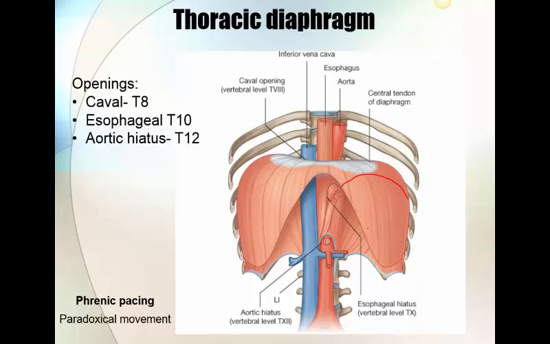So when it descends, it pushes the abdominal contents down below, which further push this one. This is not functioning, so they push this one, so this goes up. So during inspiration, when it should actually descend, the paralyzed side ascends. So that's called a paradoxical movement.